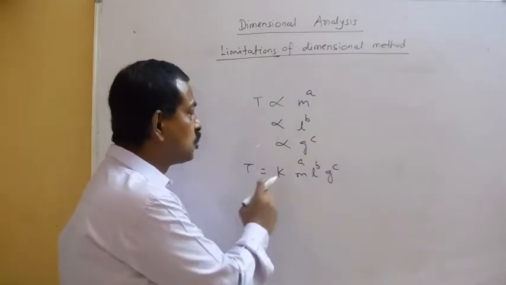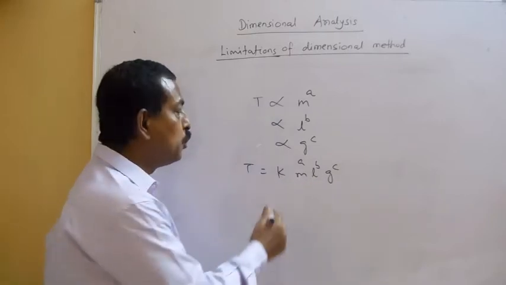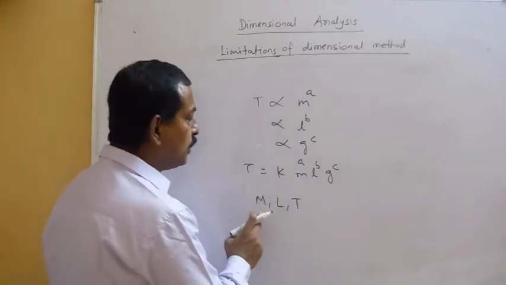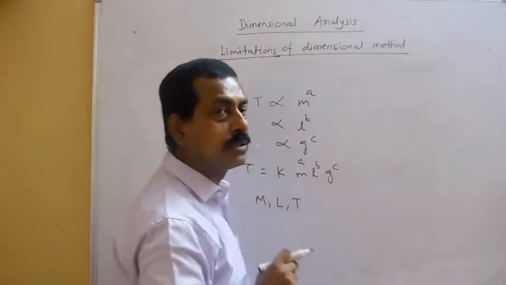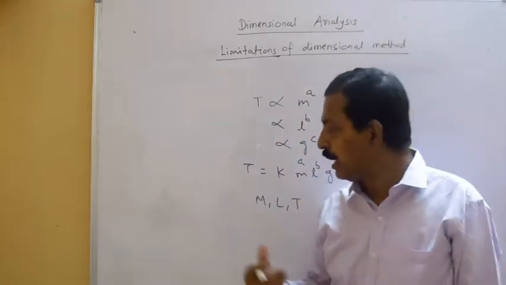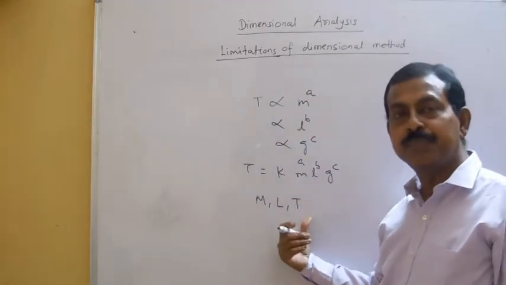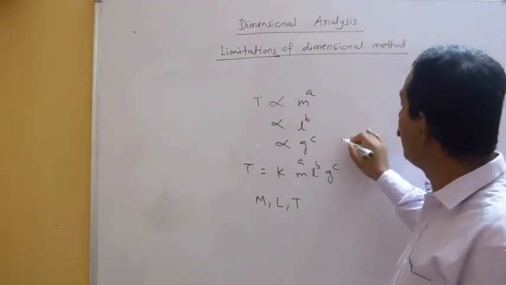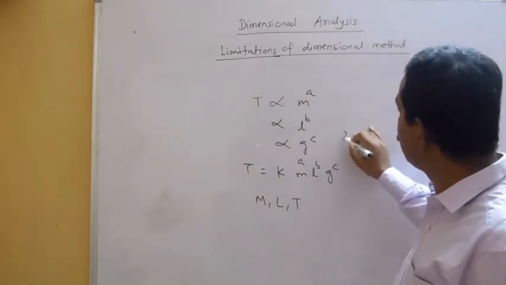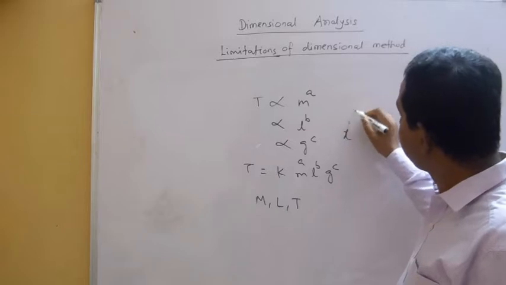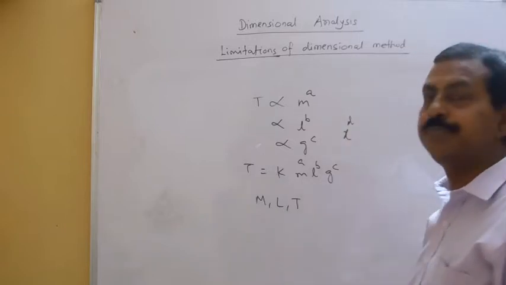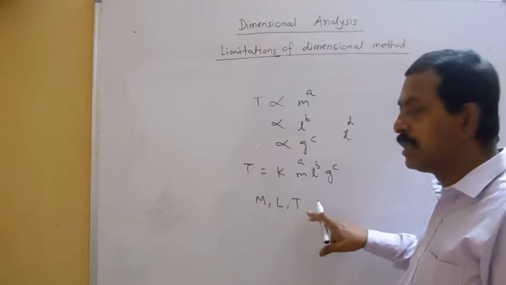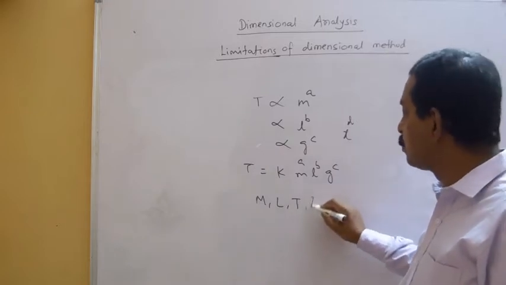We take the dimension of both hand sides. If you equate the dimension of both hand sides, then we are basically trying to equate the powers of the base units like M, L and T. If suppose any other factor is there, whose power we have taken as D, that means apart from M, L and T, some other base units must be involved.